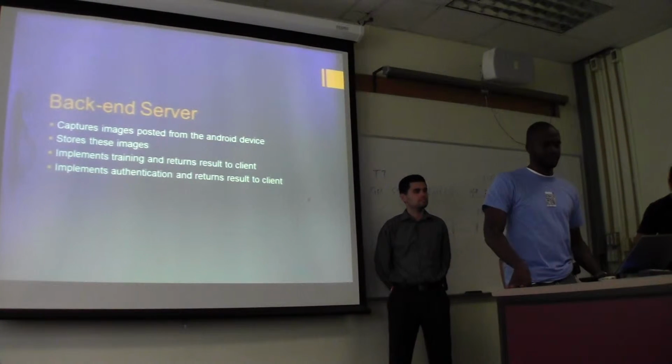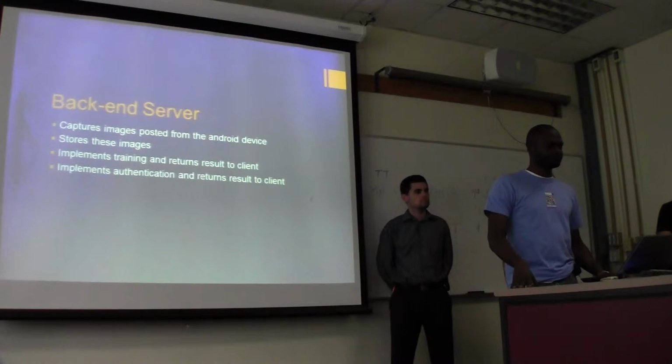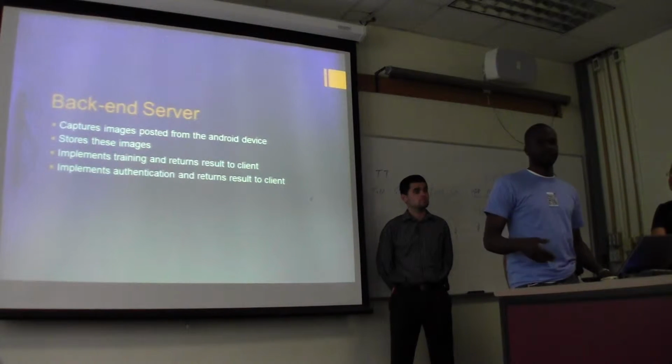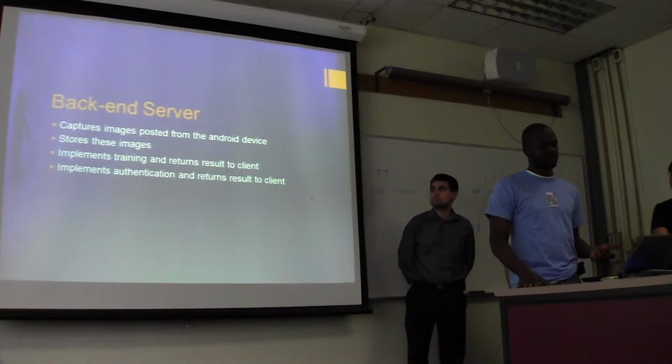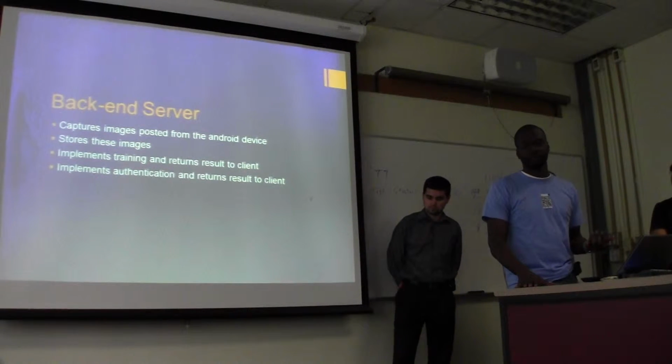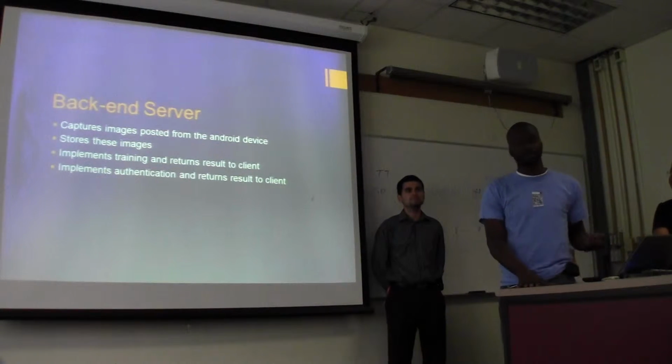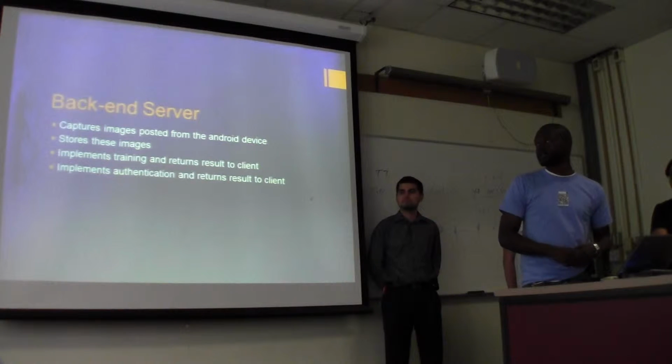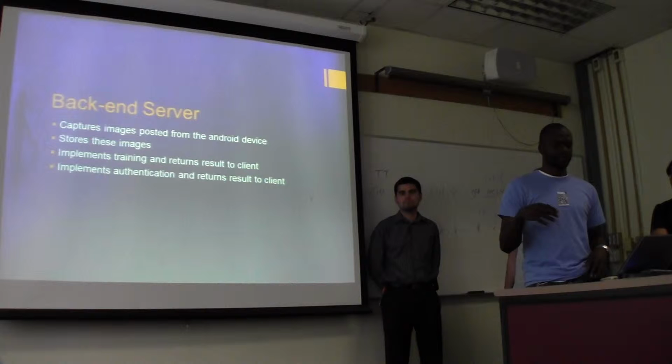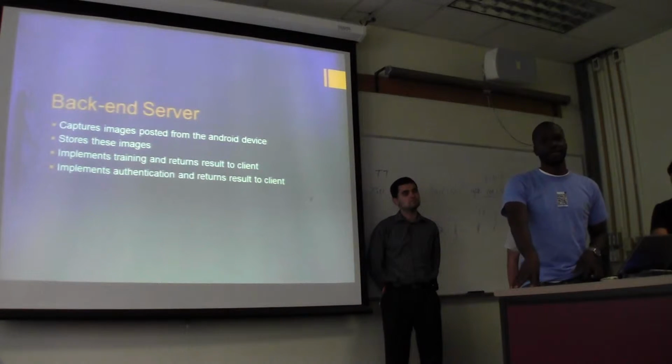So what the server does. The server just takes the pictures that were sent to it. We have a function that we call to train the images. Once that function is called, it uploads the images to the server, and once the training starts, we use the face.com API, and it trains your pictures for us.